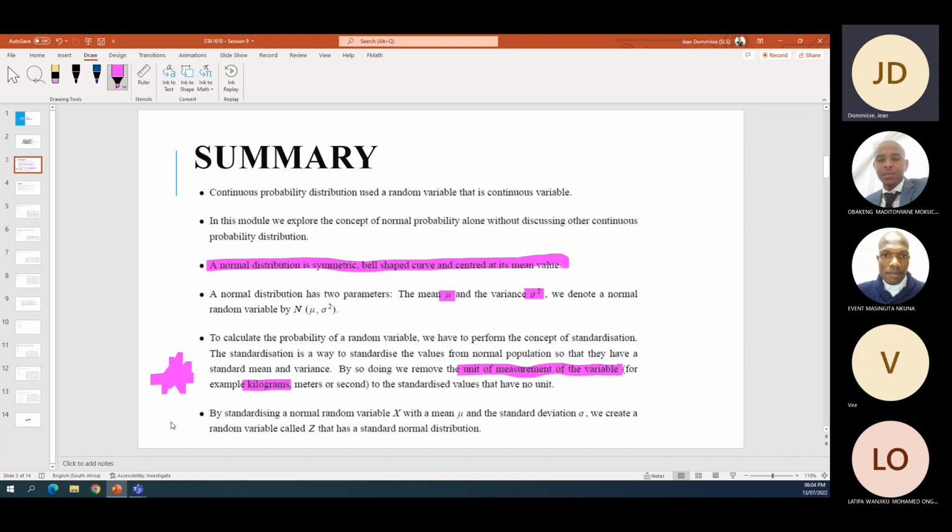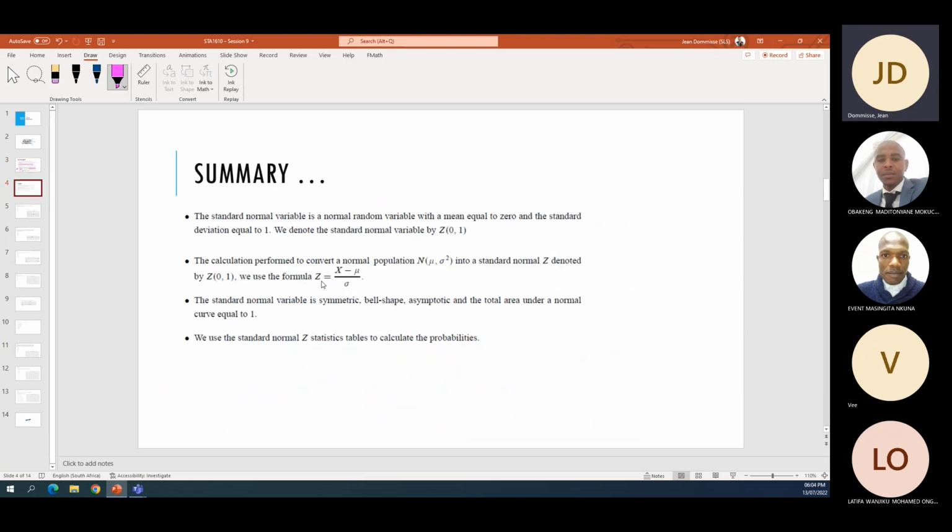The other thing that is quite important is that we will nearly every time work out a Z, and then we will go to the Z table to see what the probability is. We don't need to remember the formula, because again, it's open book.